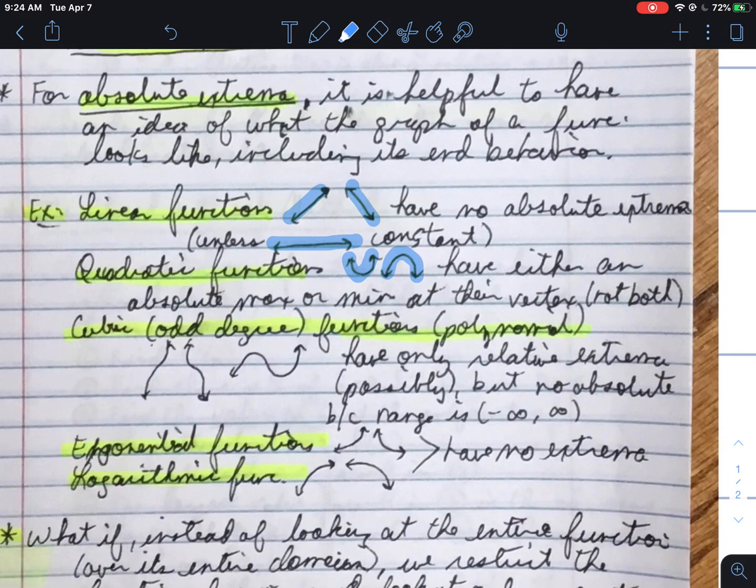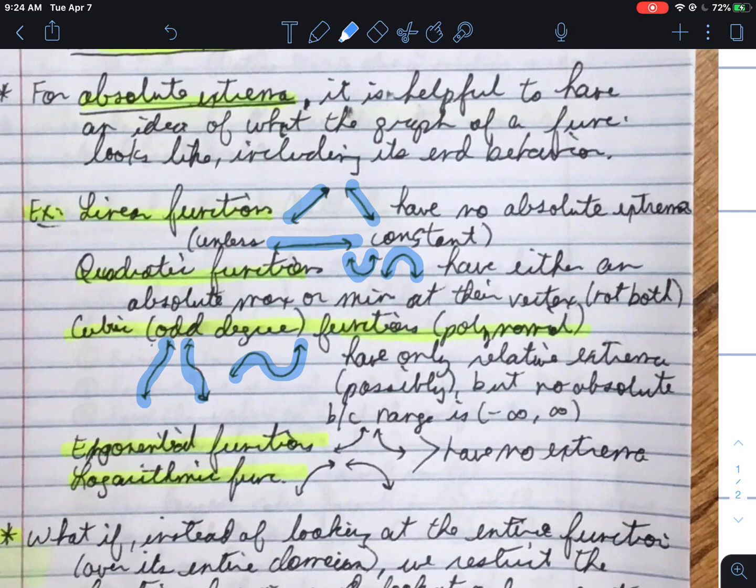If you look at a cubic function, or more generally just an odd degree polynomial, and these are just a few examples of what those types of functions can look like. But notice, just like your linear function, eventually the graph is going to shoot off to either infinity or negative infinity. There is no absolute max, there is no absolute min.